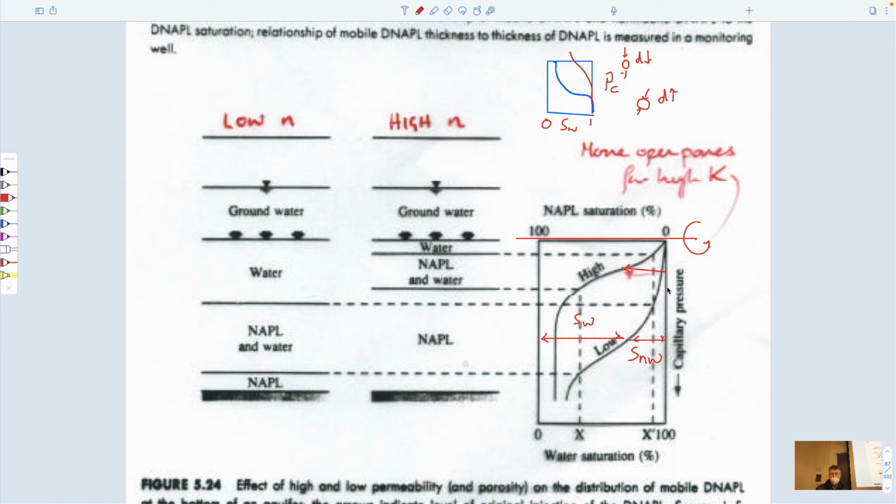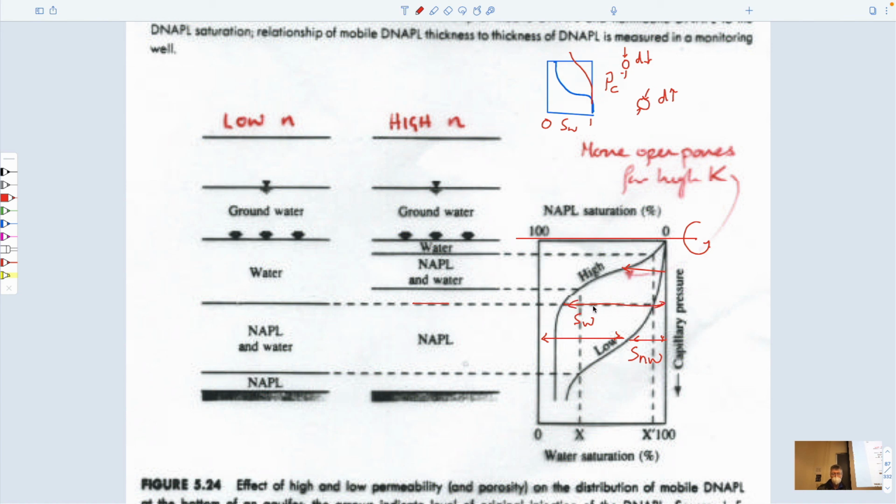So initially 100% water saturated, so the left-hand side of this is water. This means that as soon as you get a very small entry pressure, you immediately invade it with NAPL at some relatively high concentration, and therefore, you'd expect to get this distribution. You have a very thick band of NAPL in this particular case, because this is corresponding to this portion here.